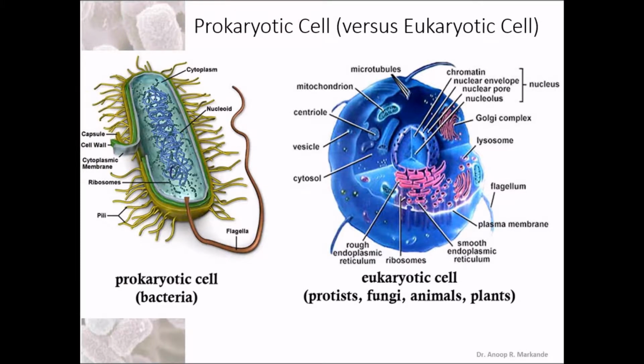As you can see in these 2 images, prokaryotic and eukaryotic cells have different structures altogether. Although prokaryotes are very small compared to eukaryotes, there are major differences between the 2 types of cells. Prokaryotic cells have the majority of organelles absent, while eukaryotes have all the membranous organelles organized within the cell. Eukaryotic cells are seen in protists, fungi, animals, plants, and all these higher organisms, while prokaryotes are usually bacteria or archaea.